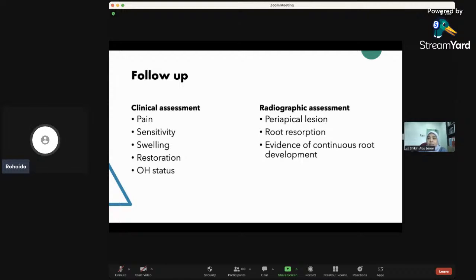But these are the things that you should look into: see if there is a periapical lesion, root resorption. There is a case report showing the presence of root resorption following treatment. And the most important thing, why we do a vital pulp treatment in immature teeth, is that we definitely want to see evidence of root development.